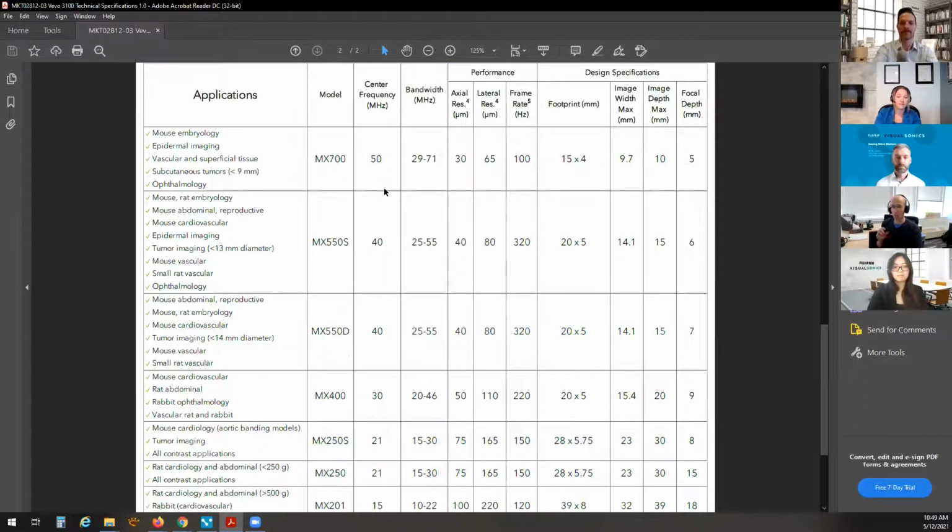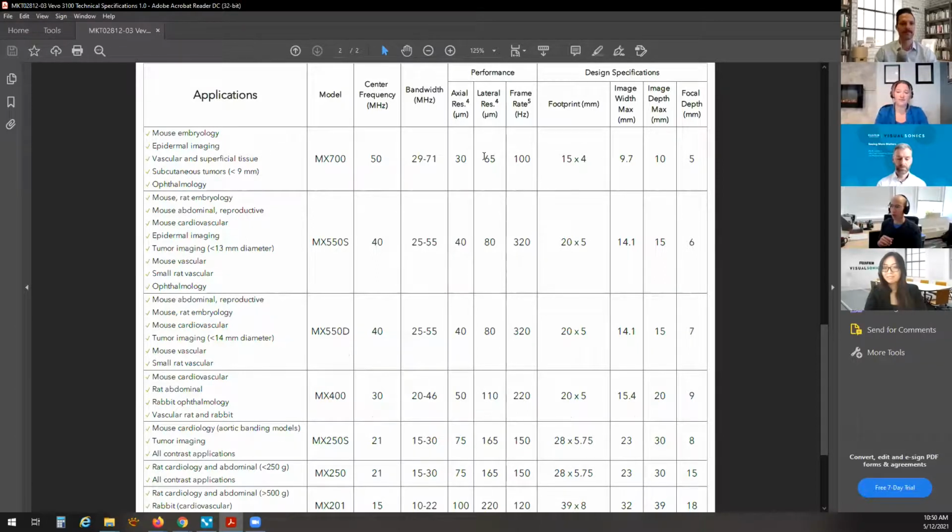When it comes to the resolution question, there's a couple of different resolution columns here, but the axial resolution is really one of the key ones to look at. You'll see fairly quickly as you compare that, as you go up or down in frequency of the transducer, the resolution that you're able to attain with that transducer also goes up or down.